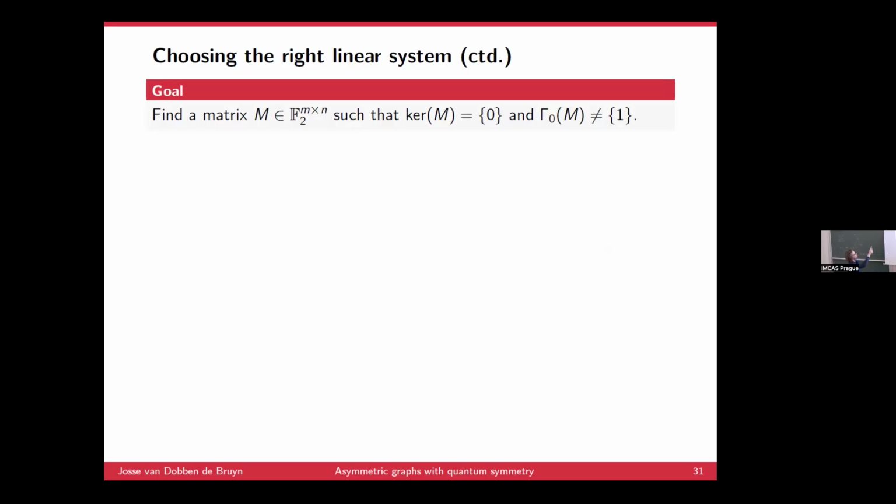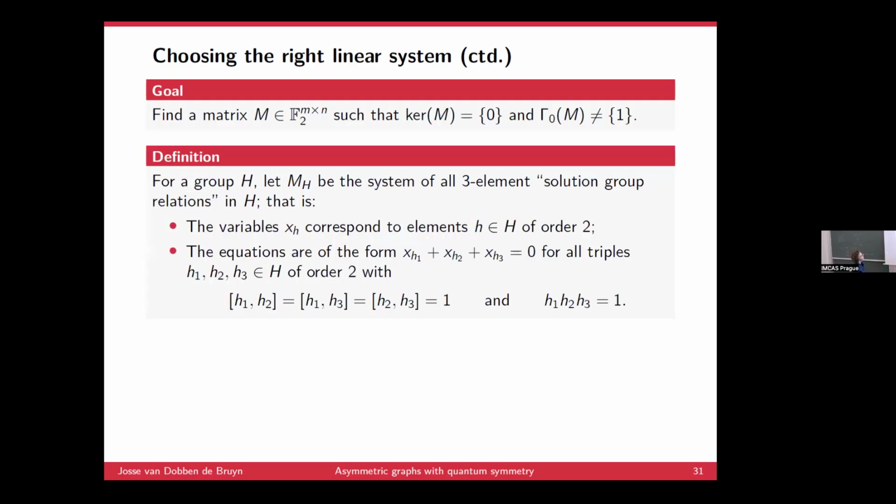So again, the goal is to find a matrix M so that the kernel is trivial and the solution group is non-trivial. Now we start working from some target group H, and we build a system from H. So we look at all the solution group relations in H. Recall that in the solution group we had commuting entries that multiply to 1.